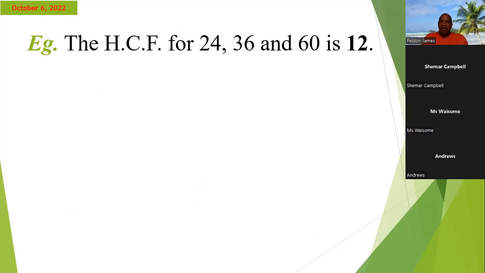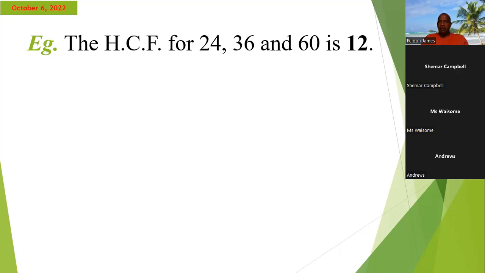Now you want to find the HCF of those numbers. Remember that the HCF is a factor, and if it's a factor, it must be able to go into the other numbers. So the HCF of 24, 36, and 60 would be 12.